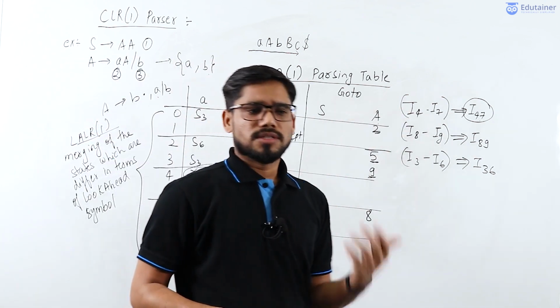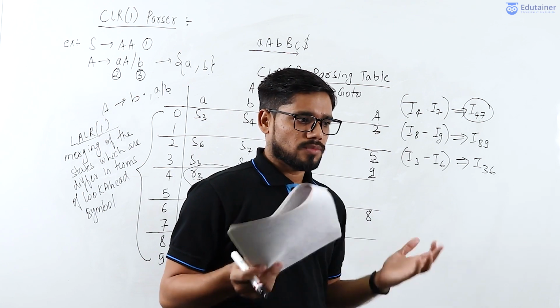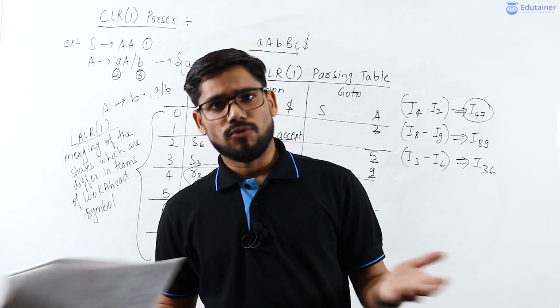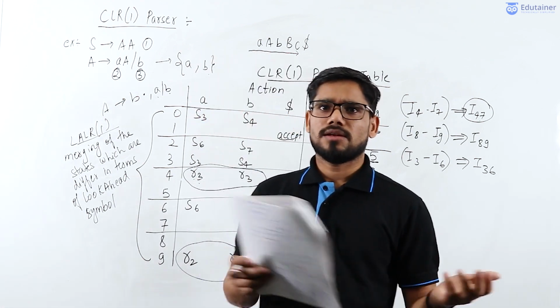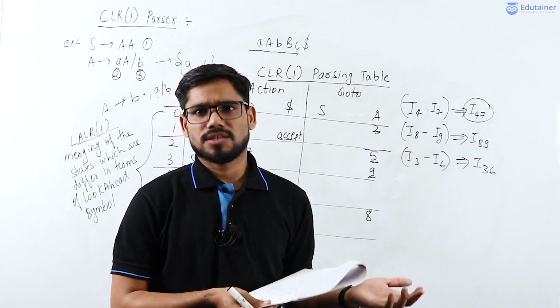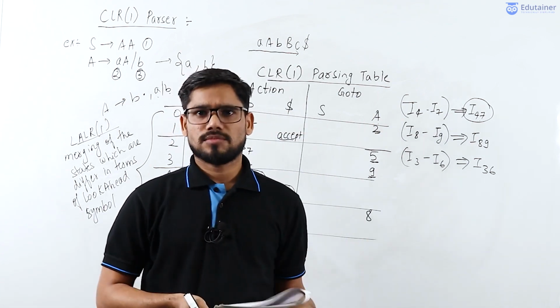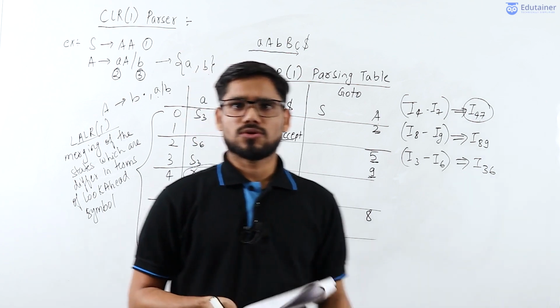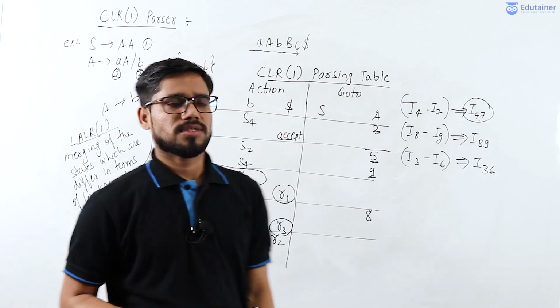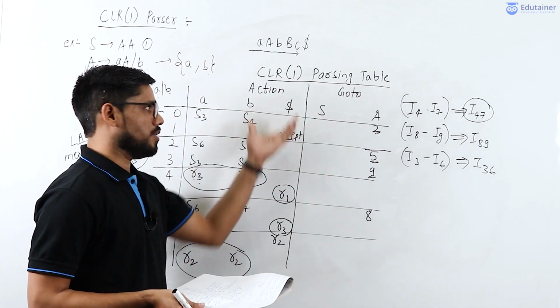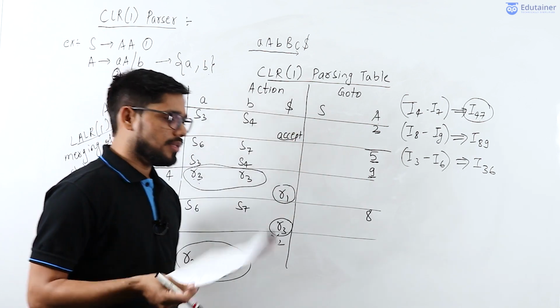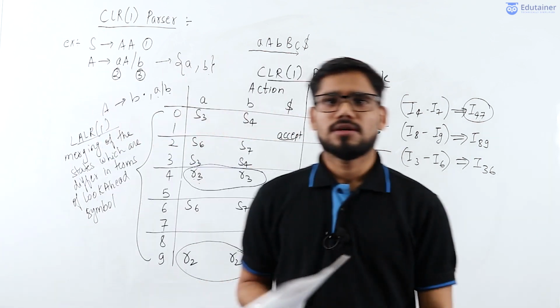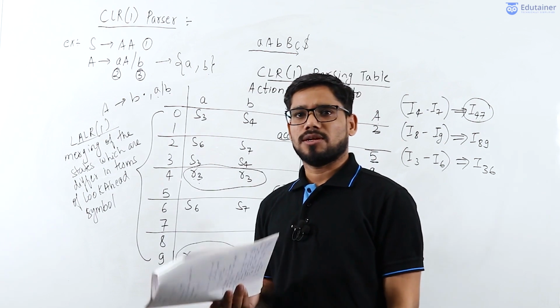If you consider some grammar where all the states are different in terms of lookahead symbols also, then the number of states in the LALR1 and CLR1 parsing tables are the same, so their power is also the same. But in some grammars, the number of states is more in the CLR1 parsing table, and in those examples the power of the CLR1 parsing table is more.